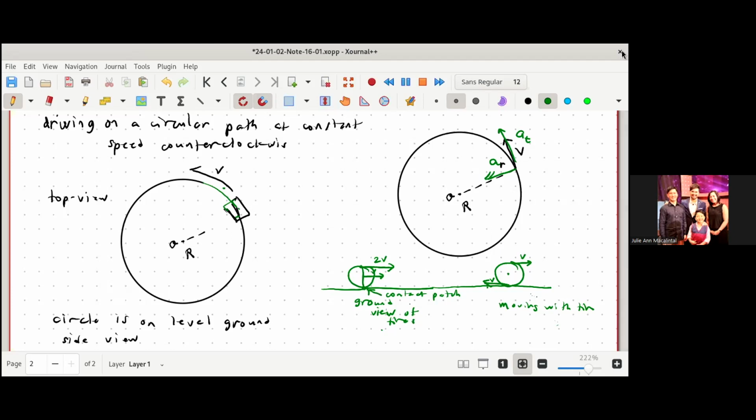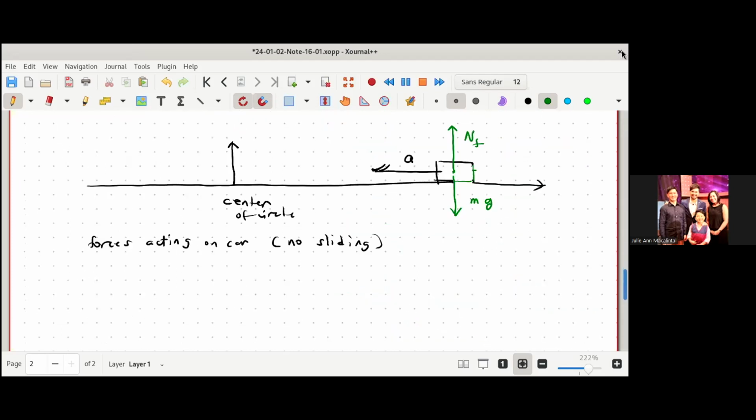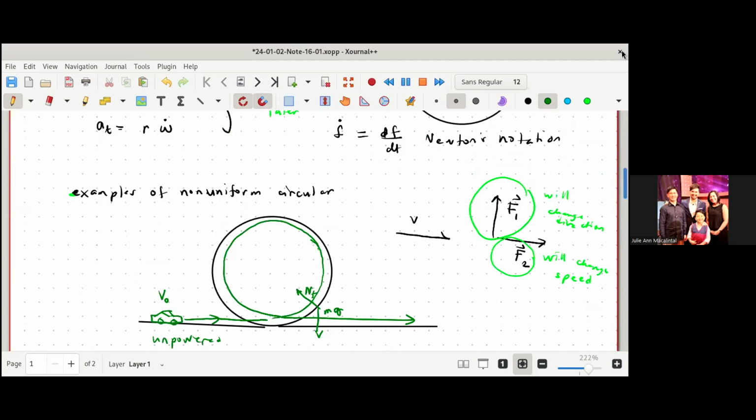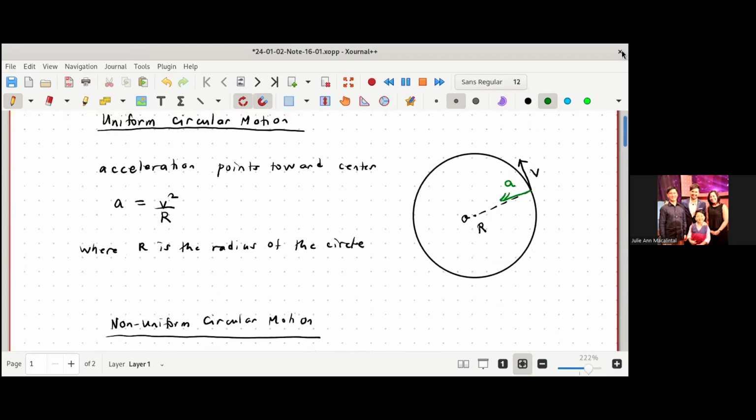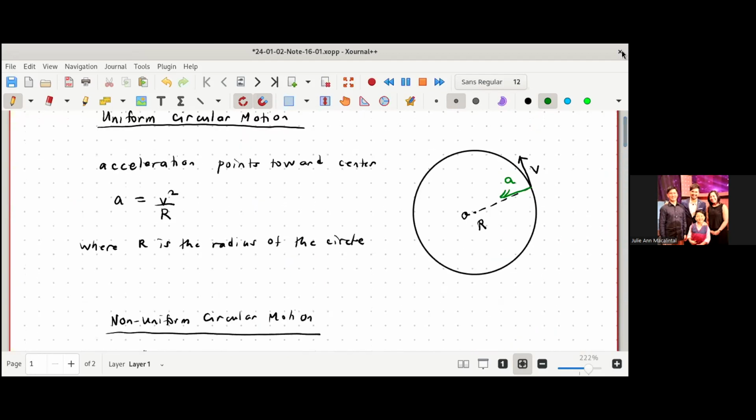Teka, if you're moving at constant speed, remember, for uniform circular motion, walang acceleration along the direction of the speed. The only acceleration is towards the center.